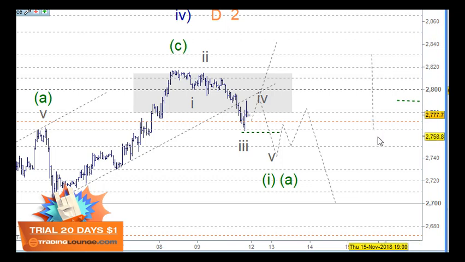And it's the same below here as well. So group 2 here, once this becomes the resistance, we know that the market is leaving this number here.